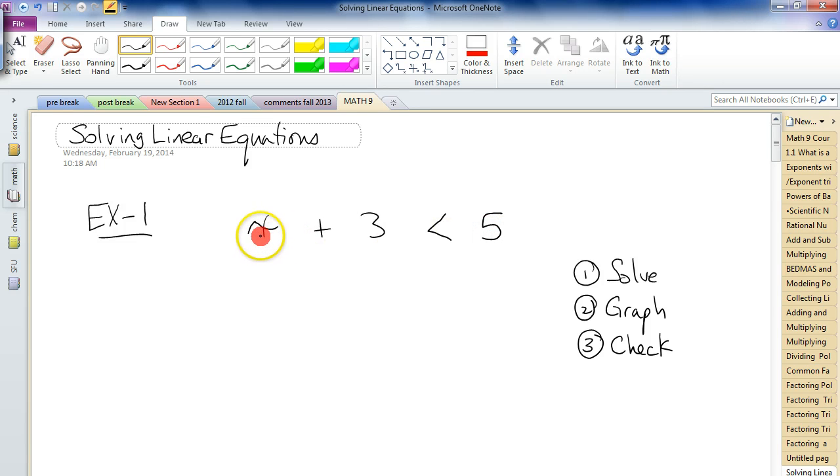I'm not saying that x plus 3 is equal to 5. This is telling me that x plus 3 is less than 5. So it's not equal, it's not an equation, it's an inequality. Remember, inequalities are things with the greater than, less than signs.